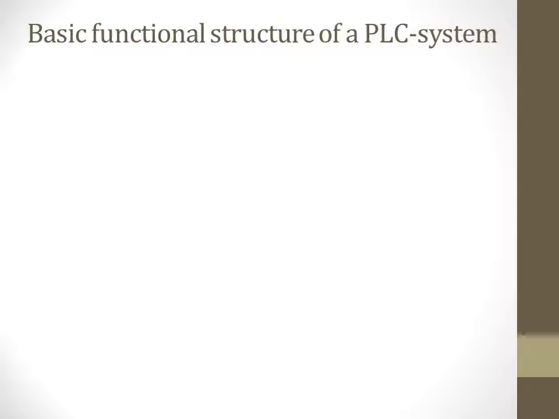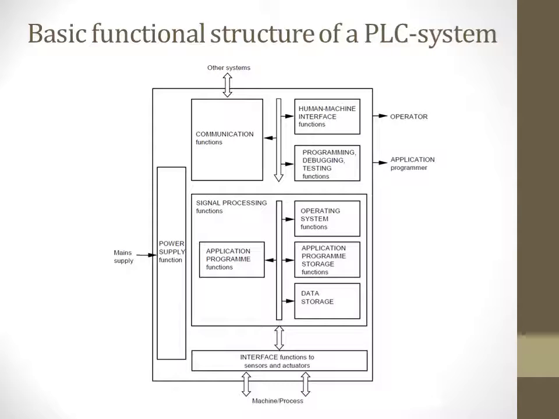So let's talk about basic functional structures of a PLC system. On this picture we can see a functional structure of a controller. This structure contains a power supply function for the whole controller, a communication function.